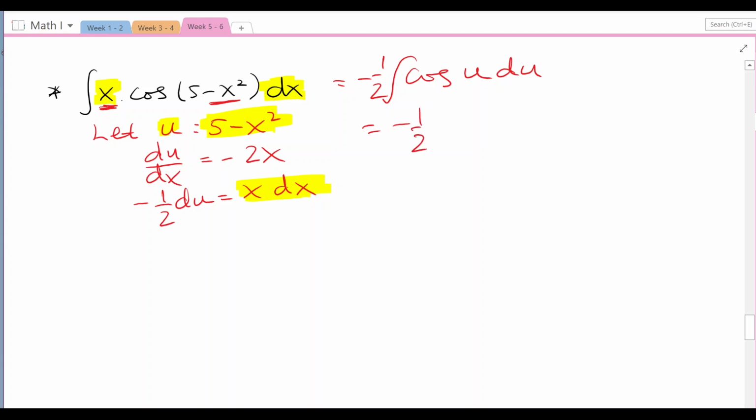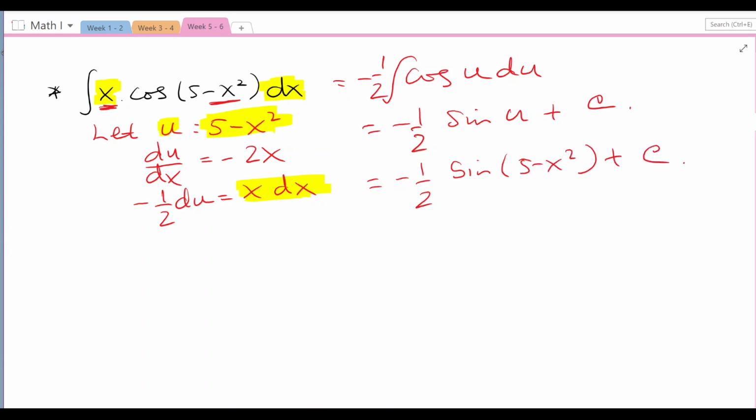The integral of cos is simply sine u plus c, and substituting the u back, negative half sine of 5 minus x squared plus c is our answer.